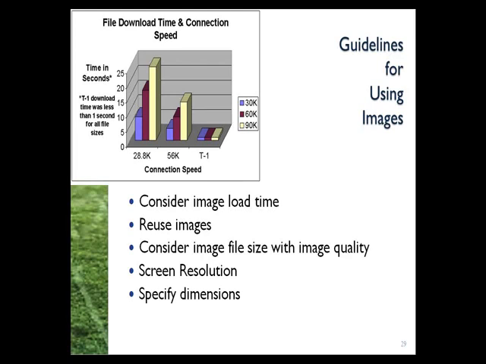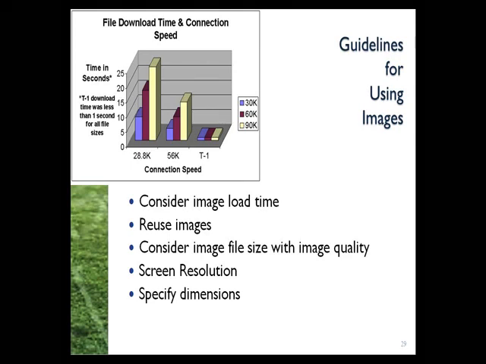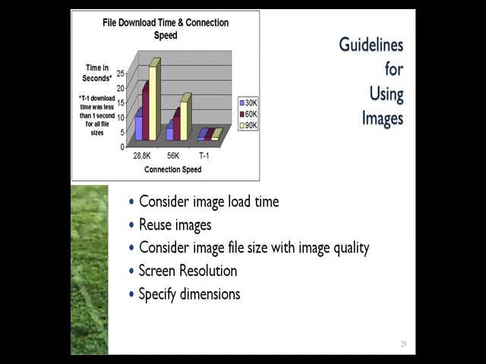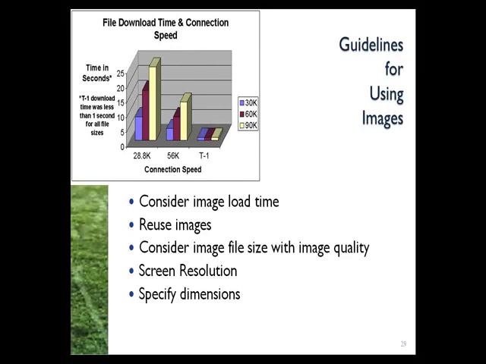What you don't want to do is take a huge image and just tell it to display at a smaller size, because it still has to download the full image, even though it's displaying at the smaller size. So you make a copy of that image that is the size that you need, and that's what you use to download.